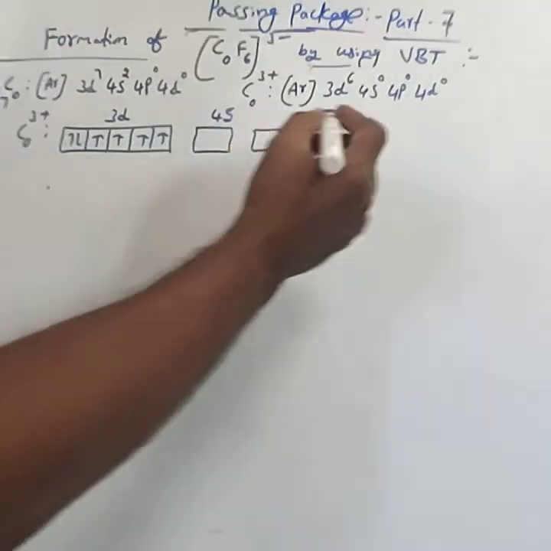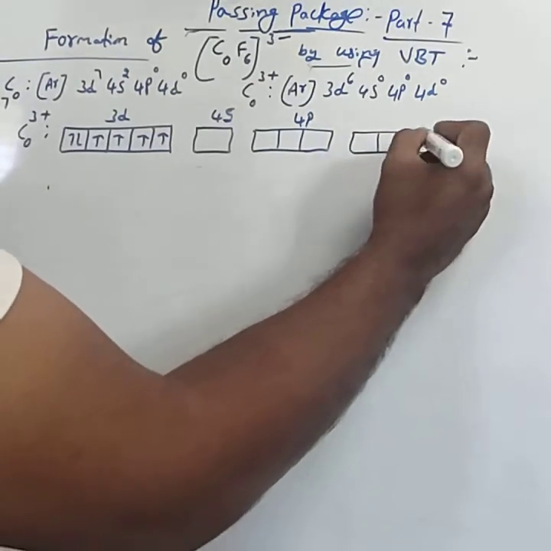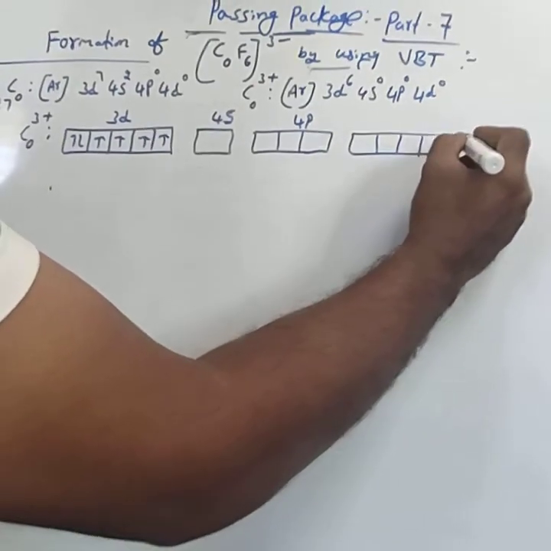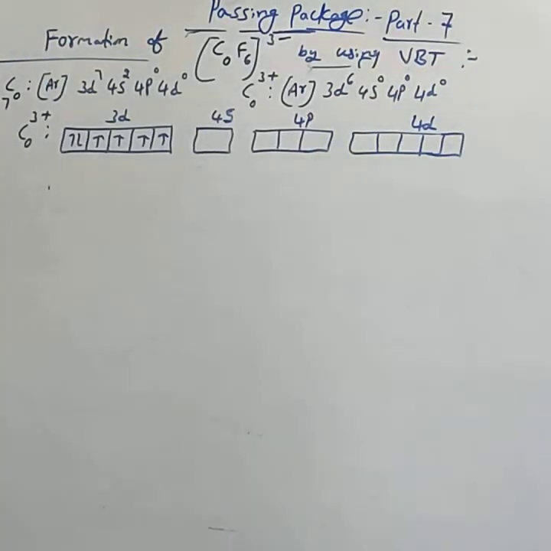Then again you consider 4d. D subshell has 5 d orbitals. This is 4d0. This is the ground state configuration of cobalt 3+.